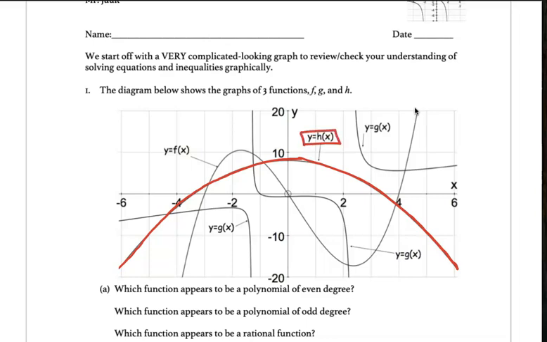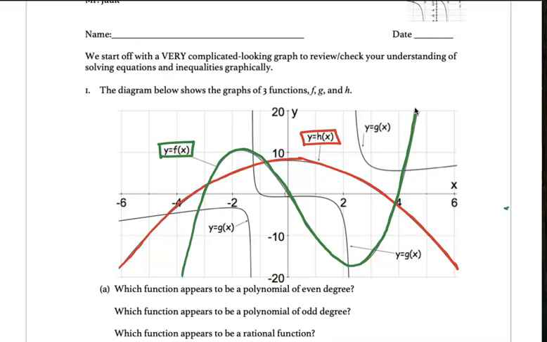Then I'll use this green for f(x). This green is my f(x). Now you can see some differentiation, correct? And the black one is the g(x). There are 3 sets of graphs.